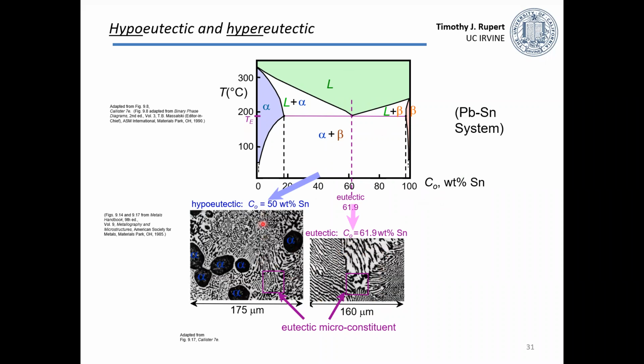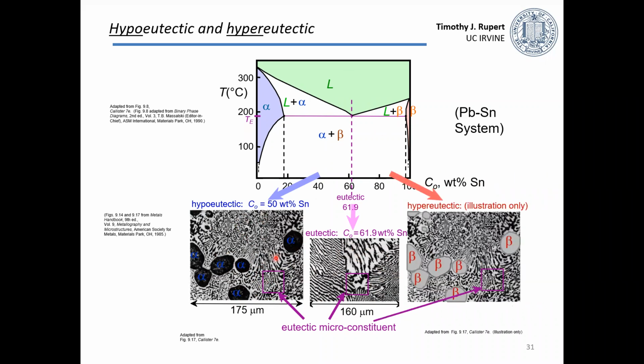If we move to the left, we have those crystals with the striped patterns, and then there are also these big blobs of alpha phase mixed in there. If I zoom into that eutectic microstructure, it looks the same as this part, but there are these big blobs of alpha. If I'm on the right side of this, I see something similar: eutectic phase everywhere, but there are these big blobs of primary beta phase.